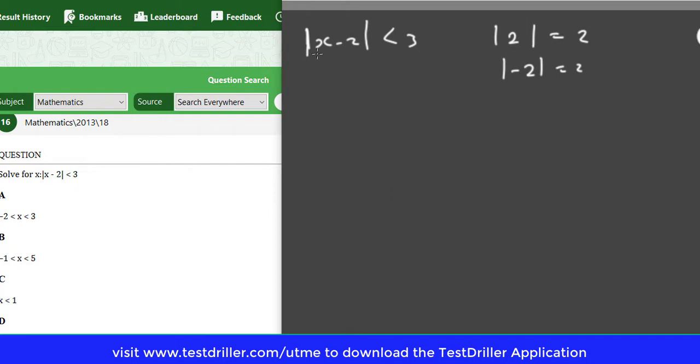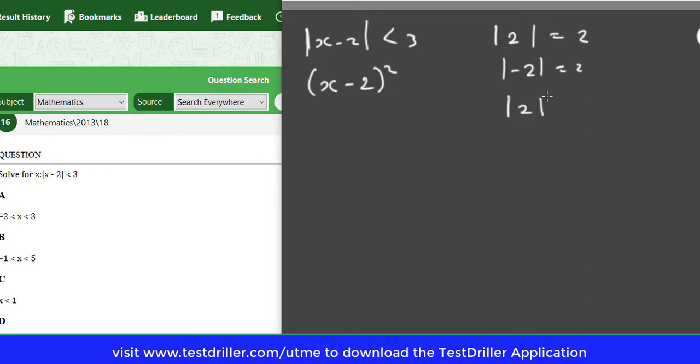Squaring a value takes away the absolute sign. In other words, if I square something like this, I can safely knock off the absolute value because the square of this thing will be positive, so there is no point having the absolute value.